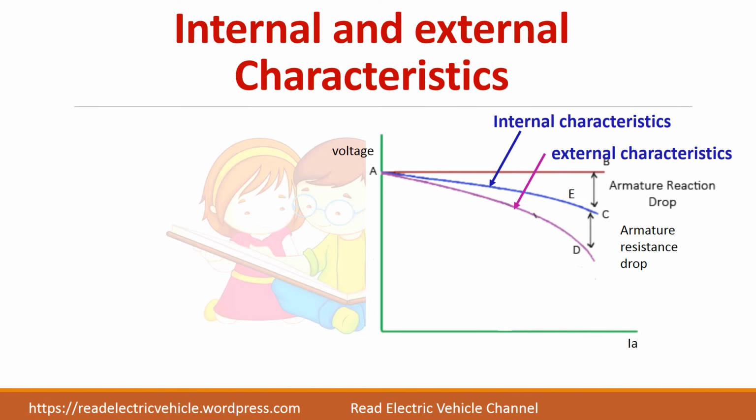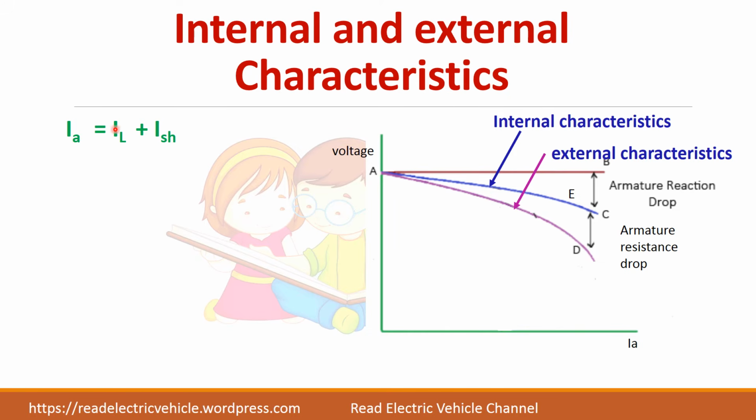Now we will see the internal and external characteristics. Ideally, as you increase the load, which is nothing but armature current, the voltage should remain constant. But practically it will not be constant and it decreases due to various reasons. We know in a shunt generator IA is equal to IL plus ISH.